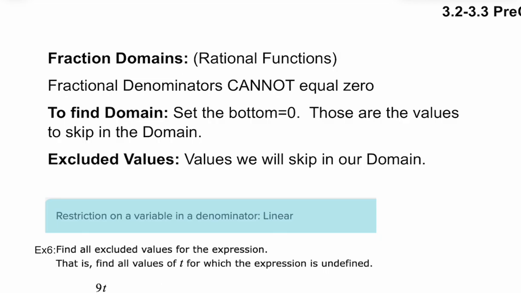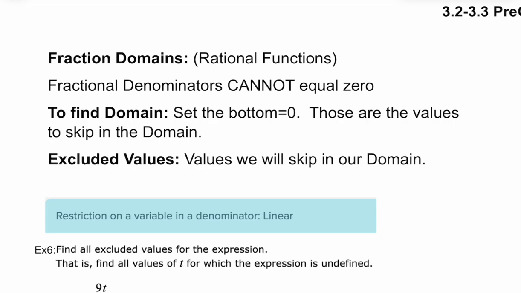So fractional denominators cannot be 0. That's super important to remember. So it is one of the things that can cause an issue. And that's in what's called a rational function, a fractional function, where we have some type of variable in our denominator.